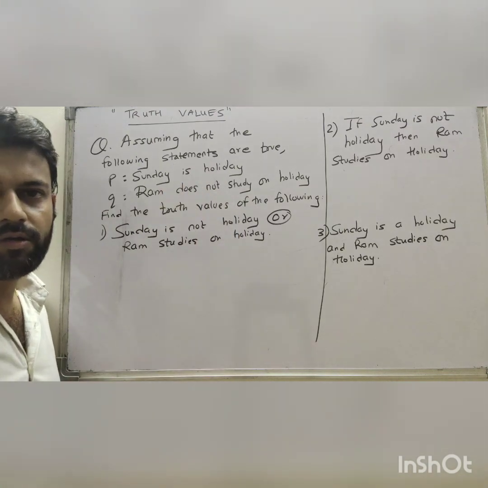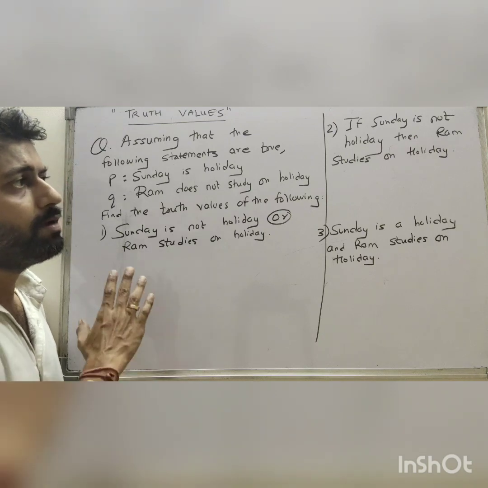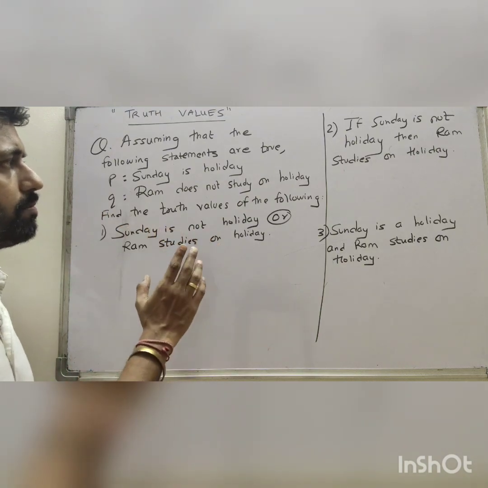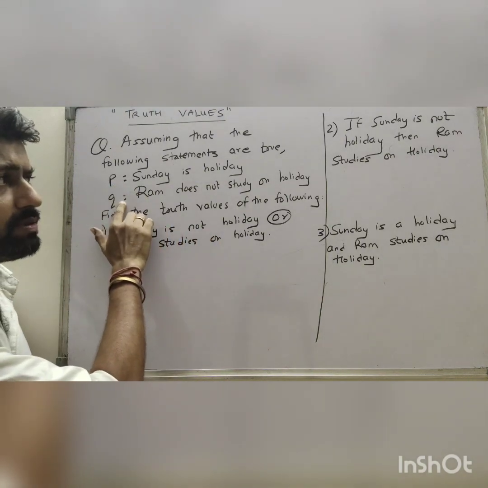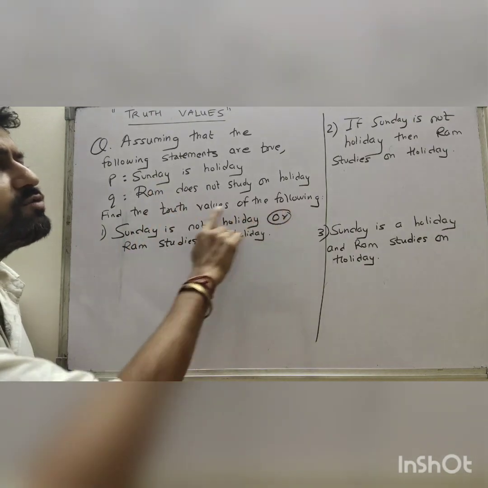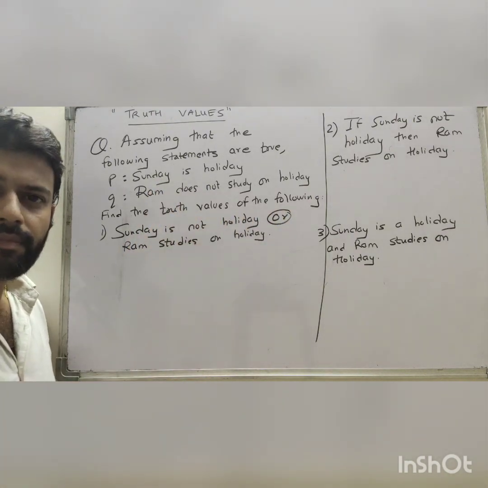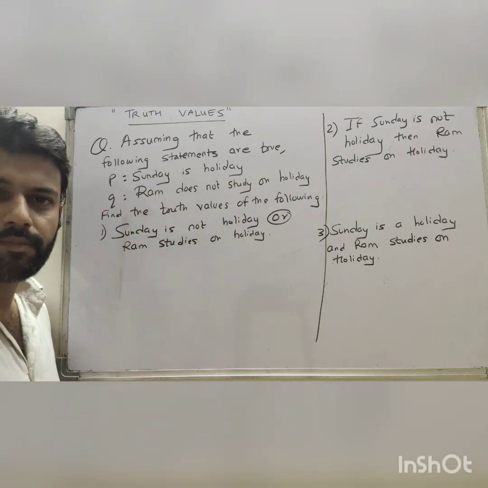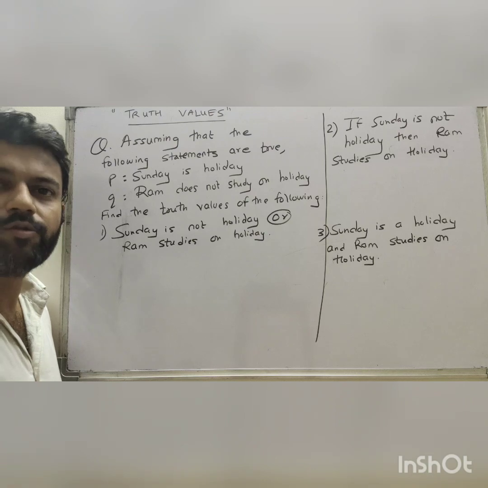Another question on the topic truth values. Assuming that the statements are true, P and Q, they both are true, find the truth values of the following. Remember, this is a question from the textbook. You will come across it when you see the textbook.